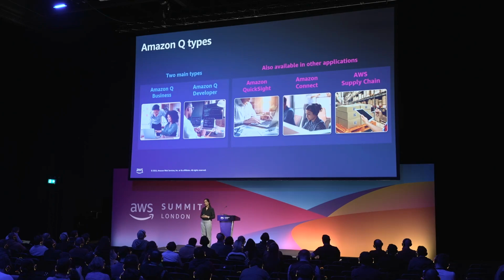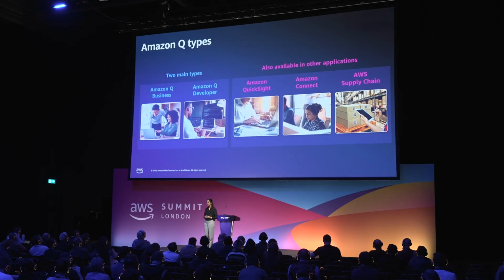Amazon Q and Amazon QuickSight can help organizations derive insights on business in a very visual way. Amazon Q and Amazon Connect can help contact service agents provide better customer service to their customers.